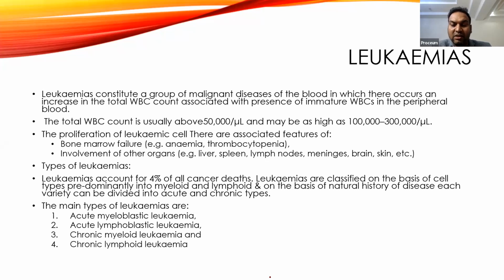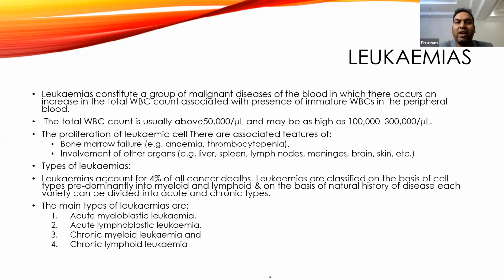Leukemia counts range from 1 to 3 lakhs per microliter, and the cause is usually increased bone marrow proliferation. There is too much proliferation of one particular lineage of cell, and that is called leukemia.